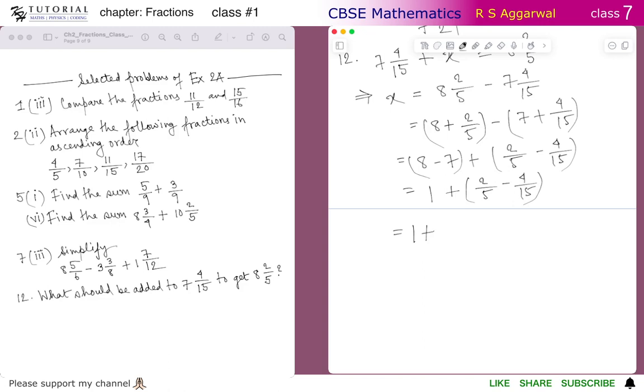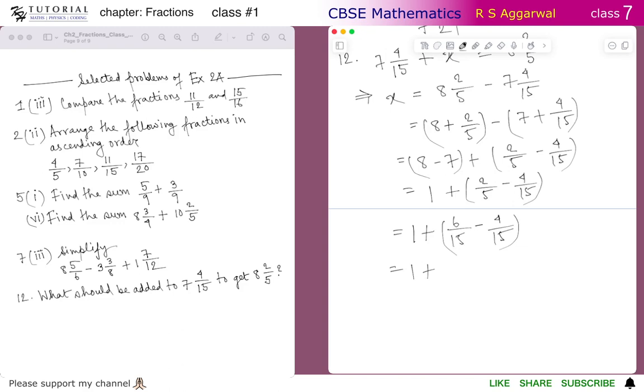We have unlike fractions, the denominators are different, 5 and 15. So we have to convert them to like fractions, with the denominator as 15, and we get 6 by 15 minus 4 by 15.